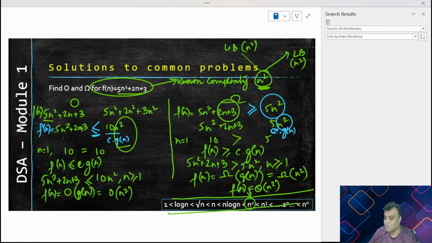So Fn is also equal to theta n square, because your n square, which is Gn, is the same for your lower bound and your upper bound. And when that happens, theta will also be n square. So for any conventional complexity class like a polynomial, your theta, omega, and big O will all be the same.